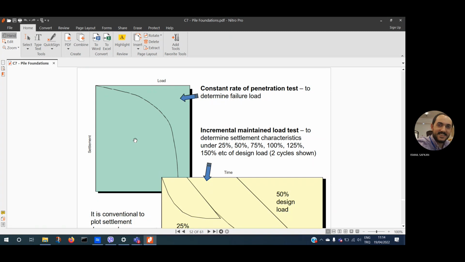Peak what? Unit. I need the unit. That is the maximum force that the pile can take. Right? After that force, what happens? It continuously goes flat, shears. No more strength gain. So if you're interested in the strength, this is the parameter.